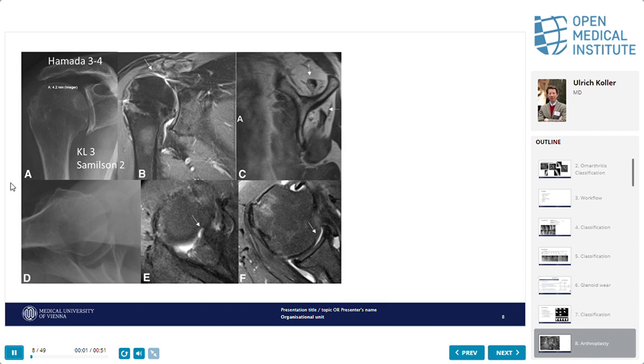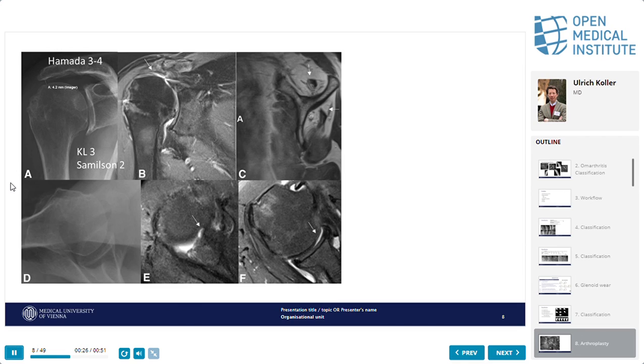So if you have a look at these patients, you see a typical osteoarthritis, but what's the most important thing on the coronal view for you now? Yeah, for me it's very important to judge: okay, there is no rotator cuff. I have a superior subluxation, no rotator cuff.